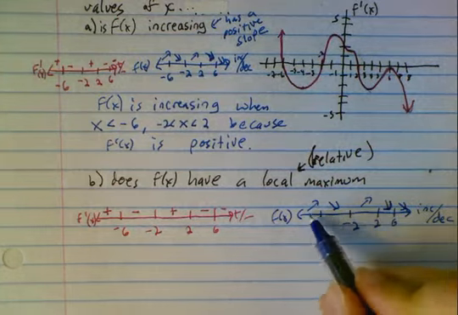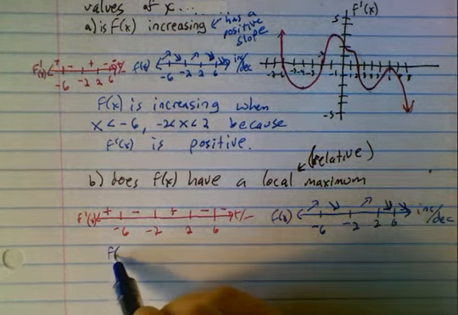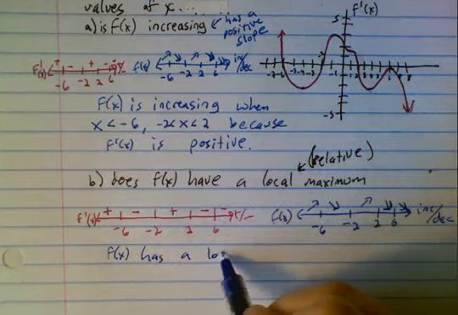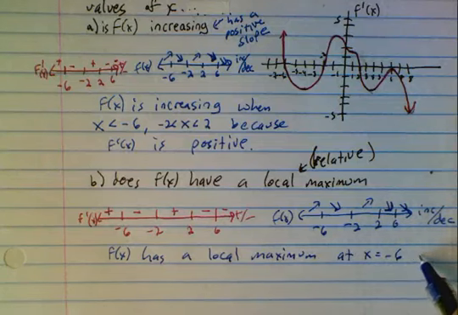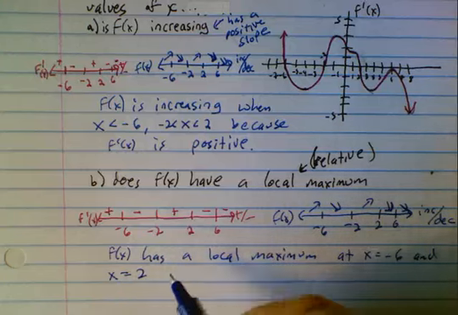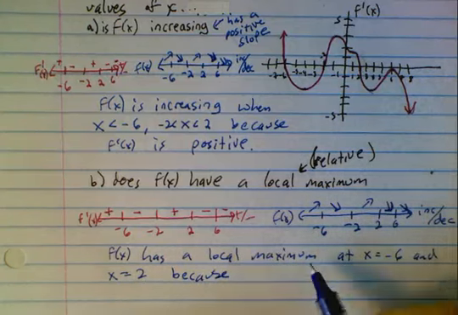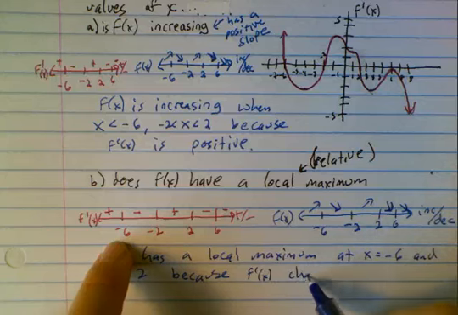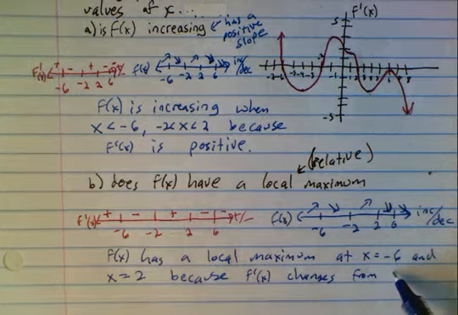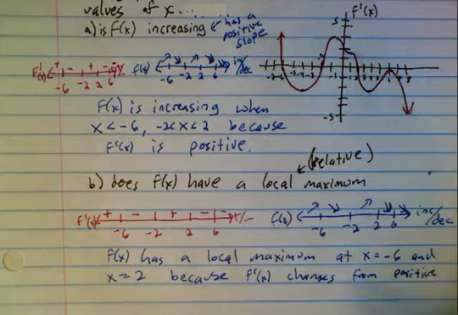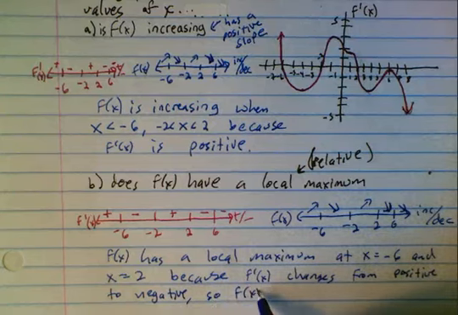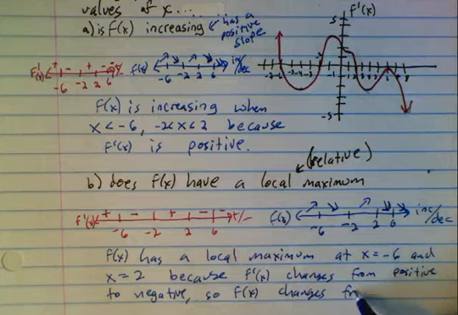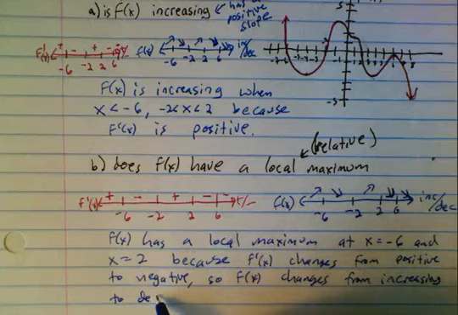There's a local maximum here, and right here, because f prime of x changes from positive to negative. So f of x changes from increasing to decreasing.